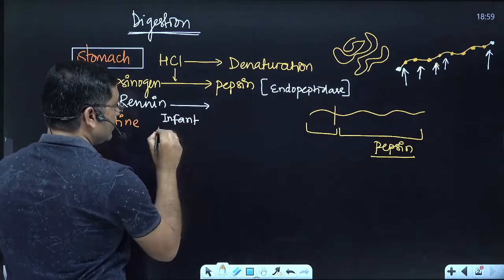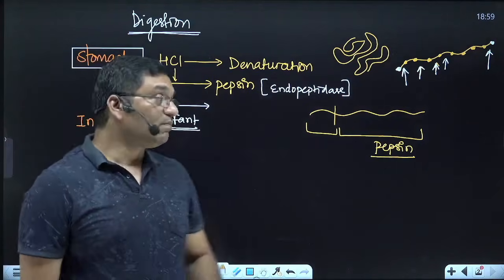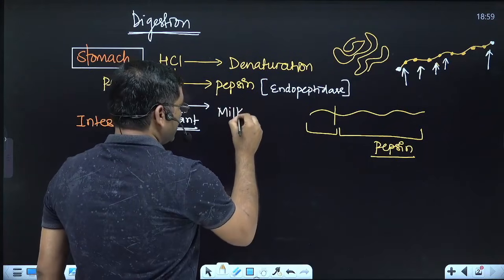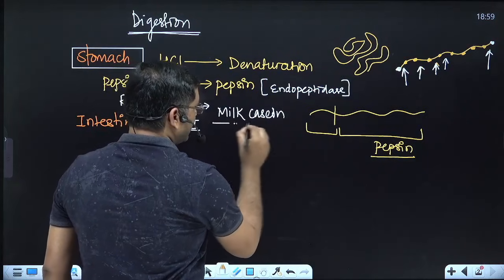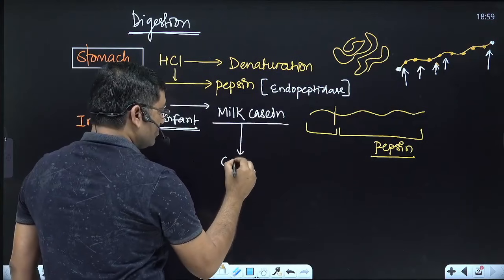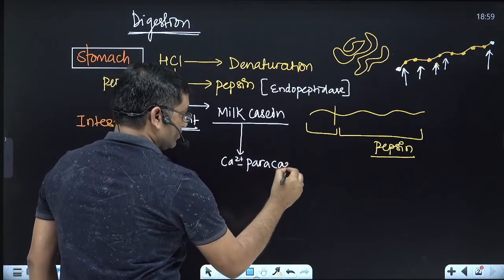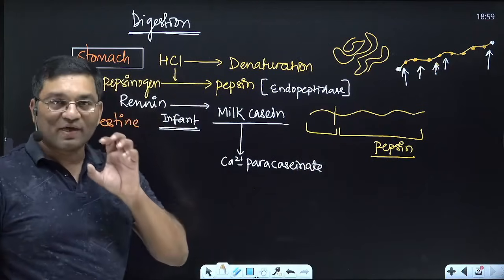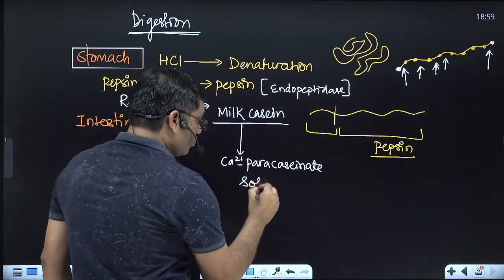Renin causes the curdling of milk. It acts on milk casein and converts the casein into calcium paracaseinate, which is a solid, insoluble form.